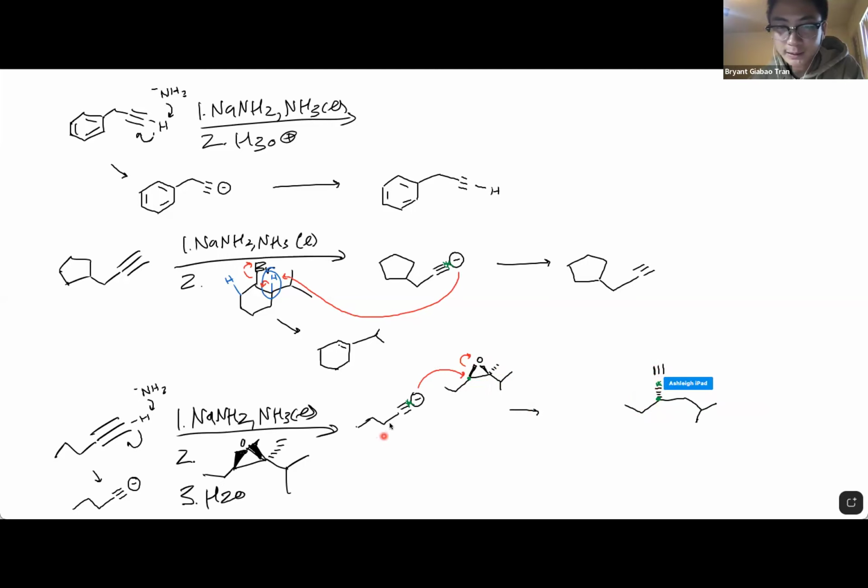And that triple bond is attached to a 1, 2, 3 propyl group. Now we just draw what is attached to this carbon right here, which is an O minus and that dash methyl.